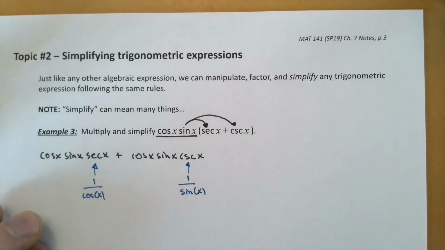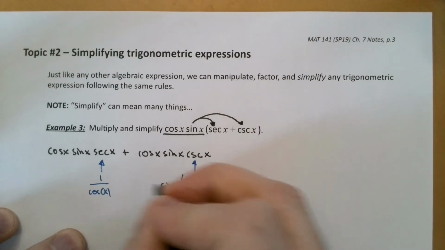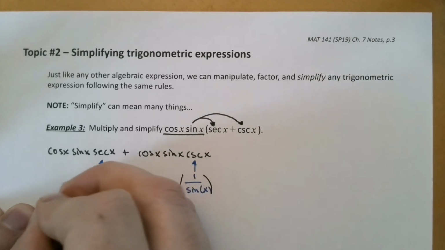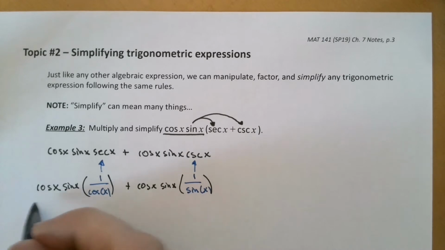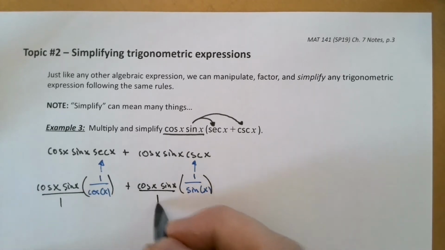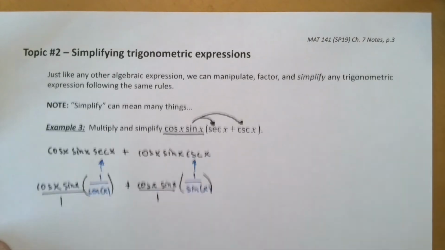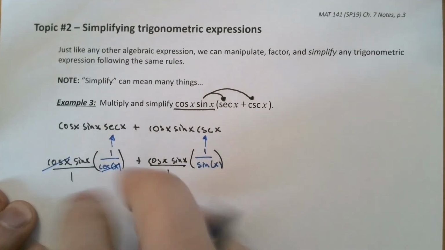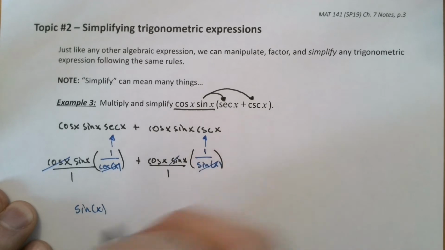Then we could rewrite this expression as that times this, plus this times that, and then times sine x and cosine x. These are really over 1, right? So when we have the same factor in the numerator and the denominator, we can divide those away. This left piece of the sum becomes sine x, and over here, that goes away.